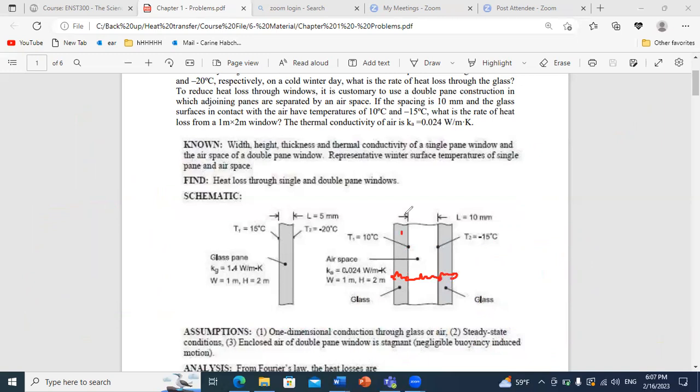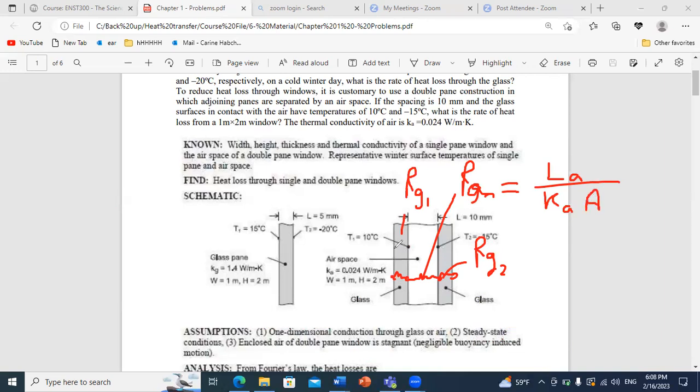We can call them resistance due to glass layer 1, air layer, and glass layer 2. Because we have only conduction from this point to this one, for each resistance it's L over K times A. For example, for the air it's L air over K of air times A of the window.